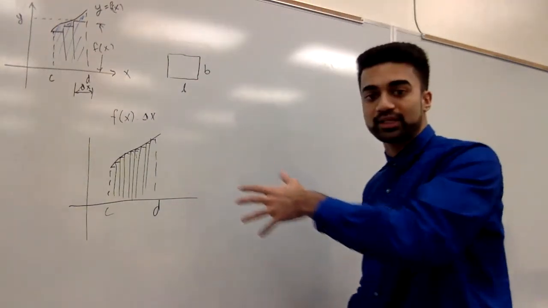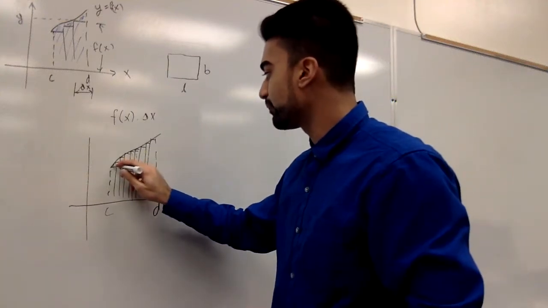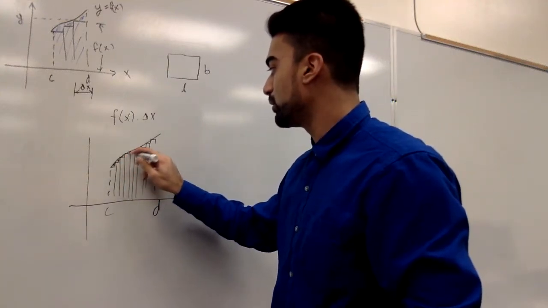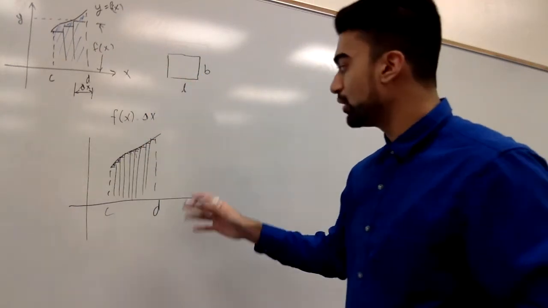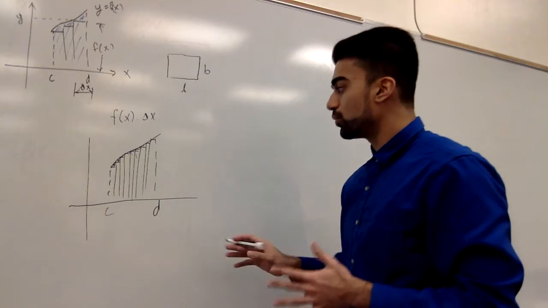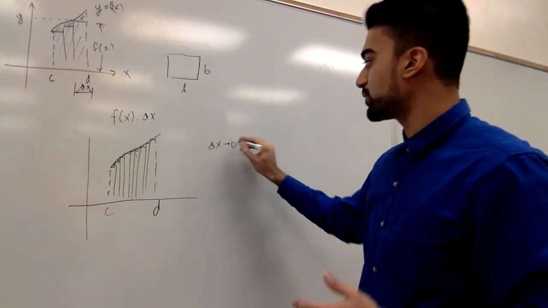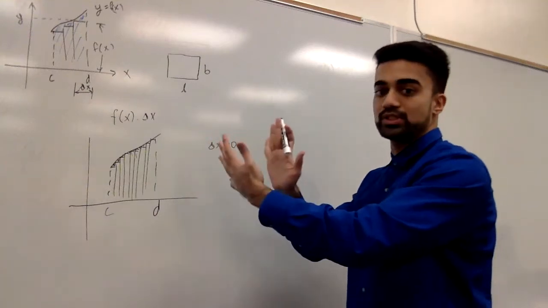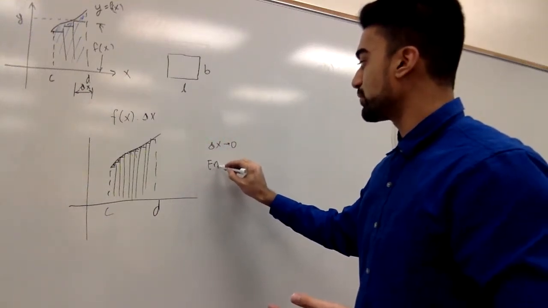And we can already see that the area that we're missing, or our error, is getting smaller than it was previously. So essentially, what we want to do is, as delta x goes to 0, that is, as the width is reduced and reduced, the error is essentially going to go to 0.